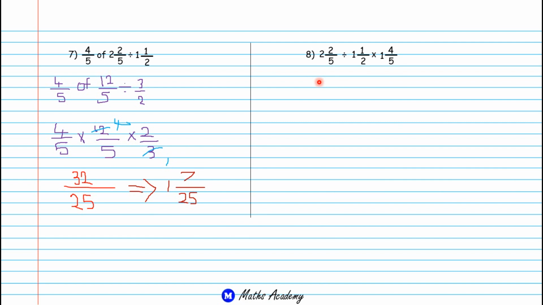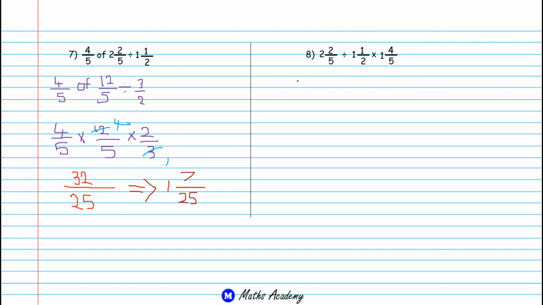In this question, you should convert this mixed fraction to an improper fraction, and then you should turn this division to multiplication and reciprocal the second fraction. Once you reciprocal, you get all the operators as multiplication, and from there you can simplify and get the final answer. And if the answer is an improper fraction, you can turn it to a mixed fraction.